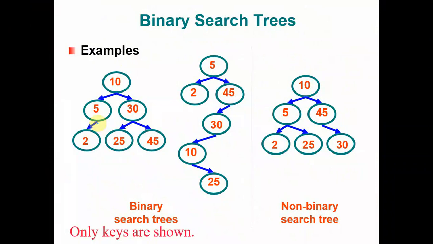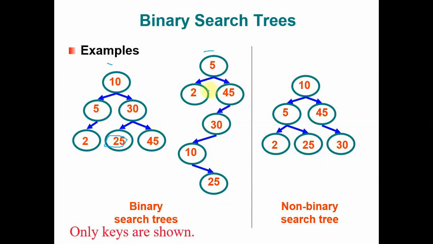So let's see here. For every node, for these two trees, for all the keys, those on the left must be less than its parent, just like this one. 25 is less than 30, 5 is less than 10, 2 is less than 5.